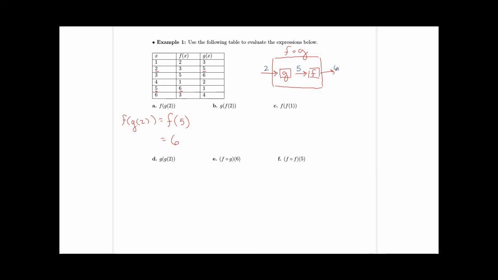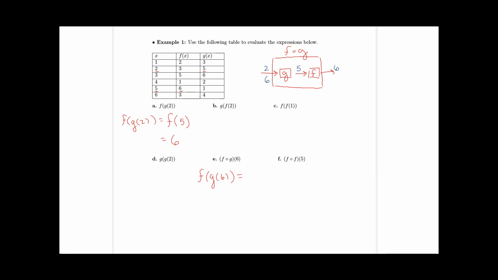Okay, let me hop down to part E here. I'm going to go a little bit out of order. When it says f of g of 6, that's just our different notation for this. So what we're doing now is we're going to start by putting 6 into g. And what happens when 6 goes into g?